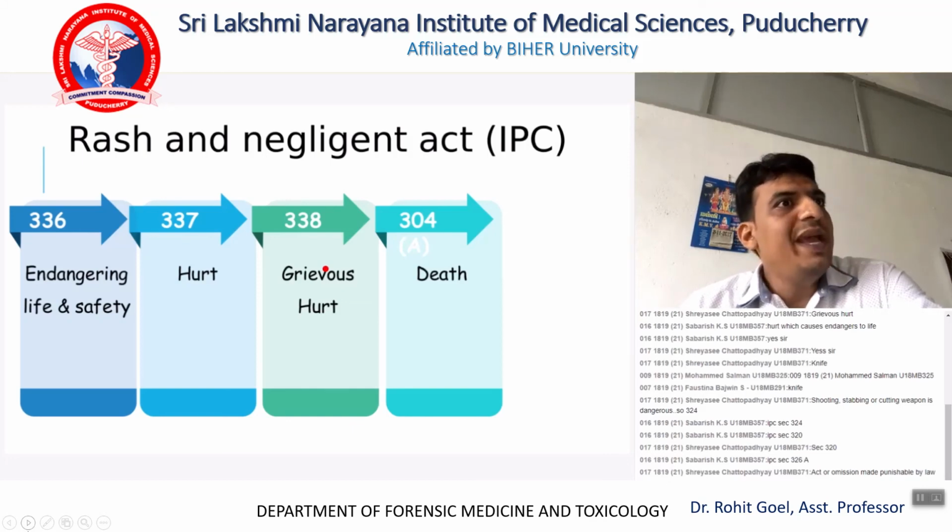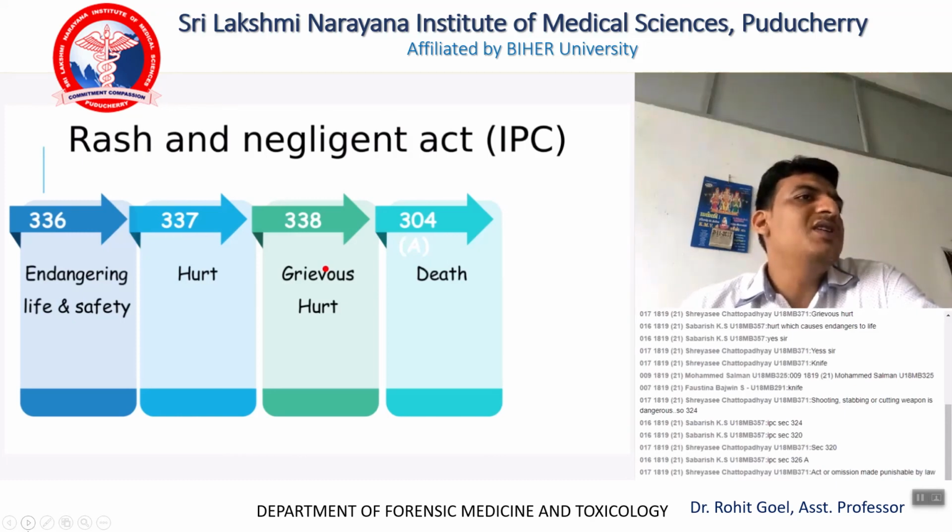When B has died, then A will be subjected to punishment as per the provisions of section 304A. It is also known as the criminal negligence section.